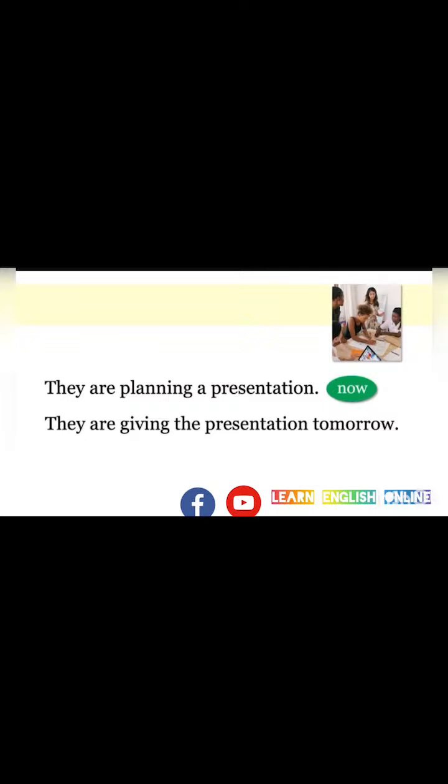Secondly, there's no other information in the sentence to tell me that it's not happening now. But look at the second sentence. They are giving the presentation tomorrow. Here I have the word tomorrow, and this tells me it's the future.